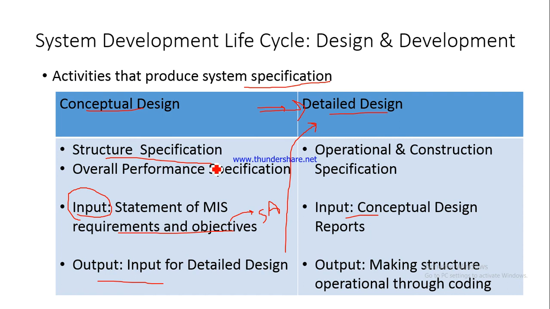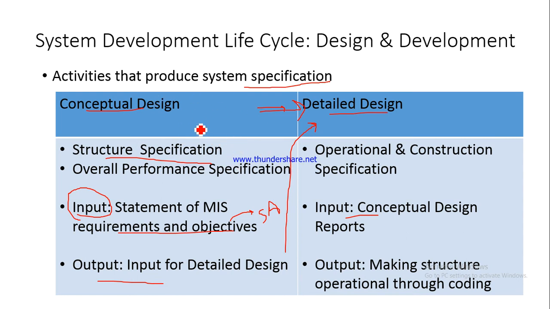This is the job of the conceptual design. The structure of the information system and what goals it has to achieve, what the performance levels have to be, that is specified at the conceptual design stage, right?